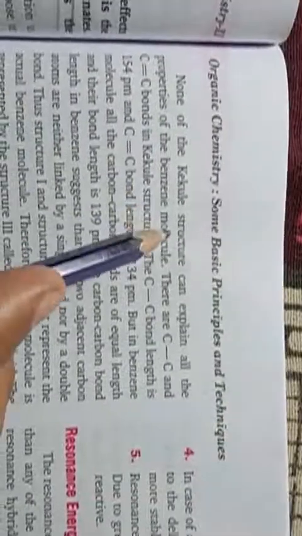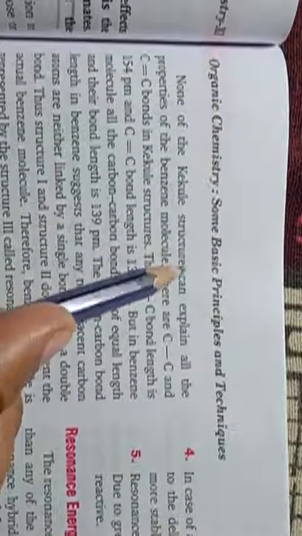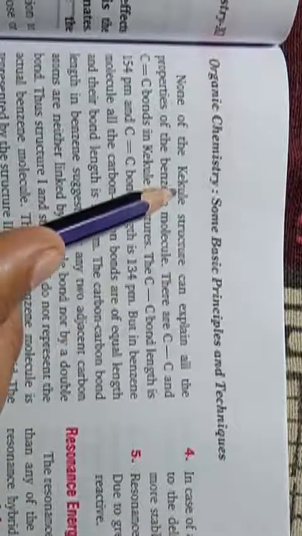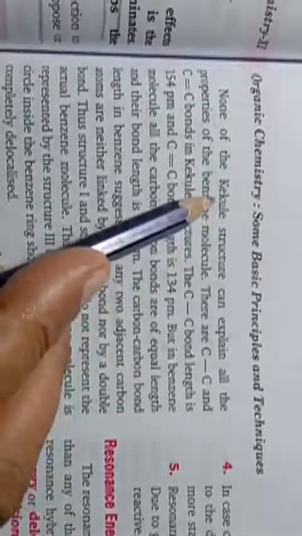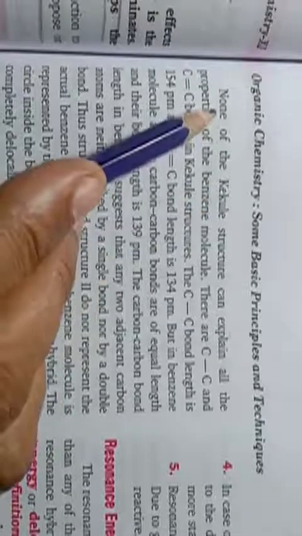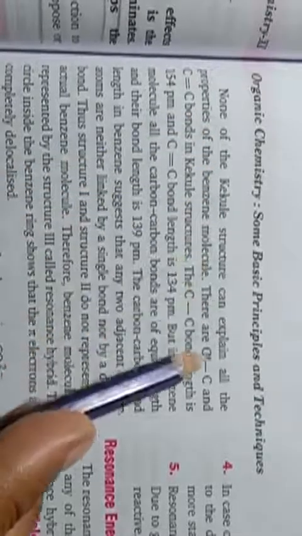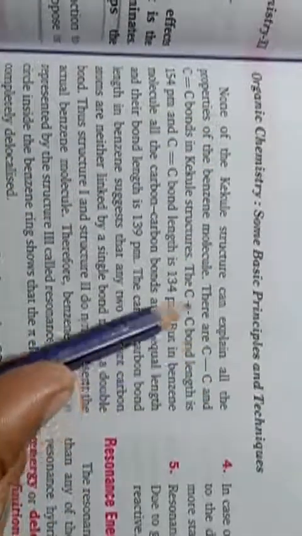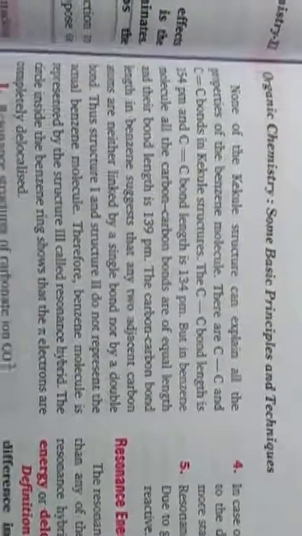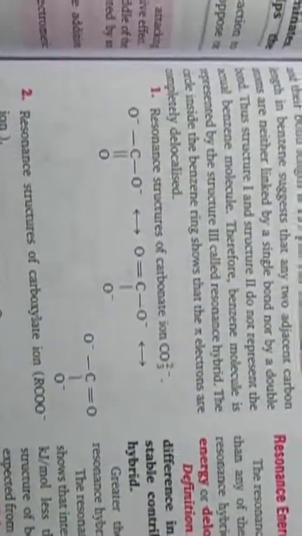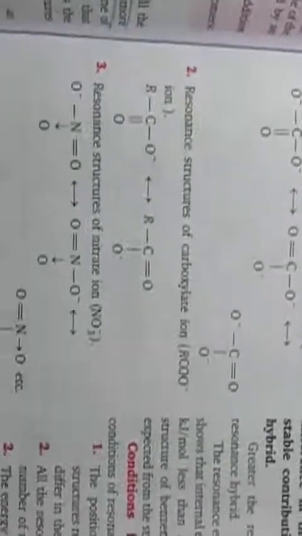These contributing structures of benzene were given by a scientist whose name is Kekulé. None of the Kekulé structures can explain all the properties of the benzene molecule. Okay students, now some resonating structures of different ions are given here. These are the resonance structures of ions.